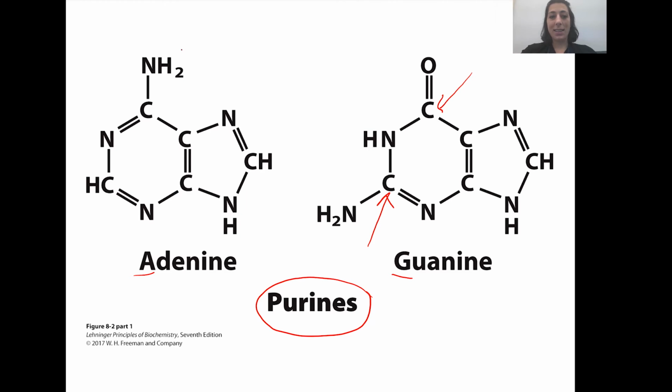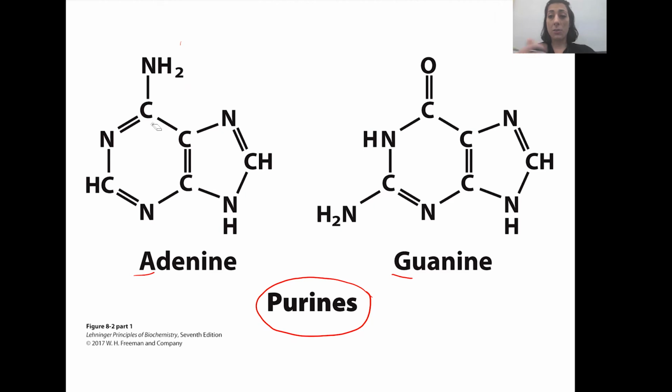So you can see adenine has an amine group on its top carbon and no group, just a hydrogen, on this first carbon here. Whereas in guanine, we have an amine group and we have up top a carbonyl group. Otherwise, their structures are fairly similar.